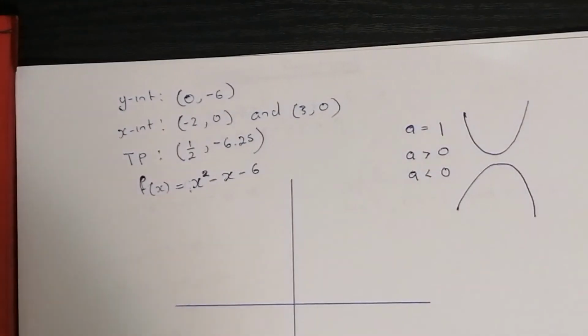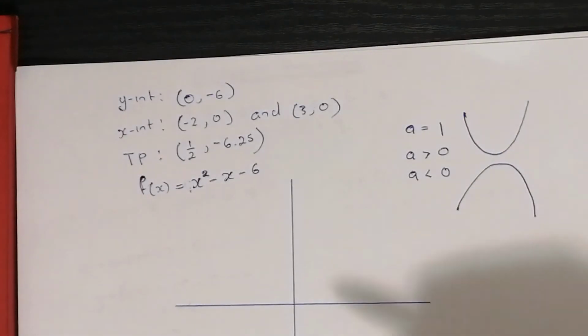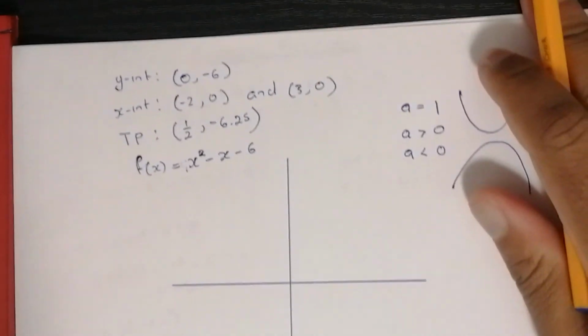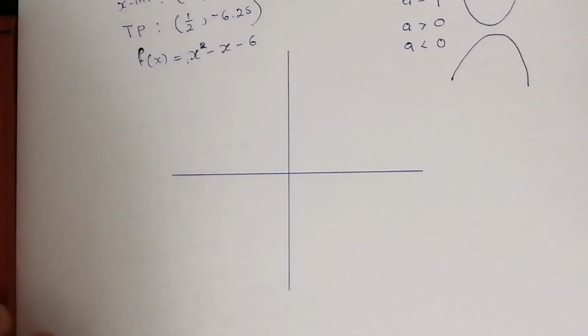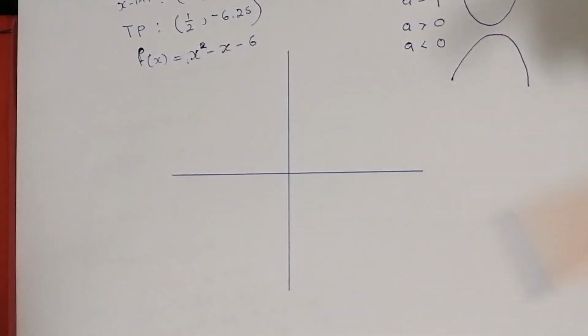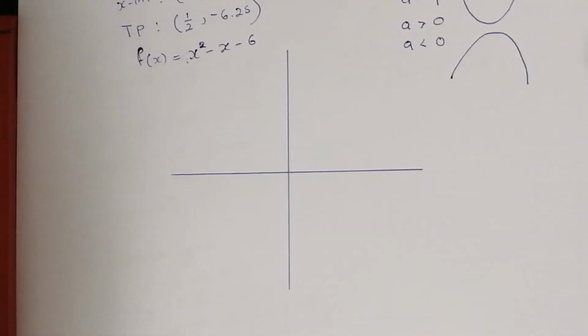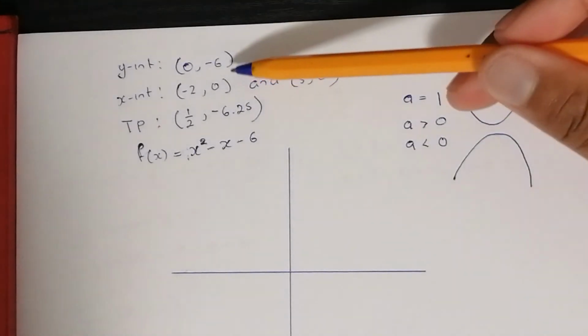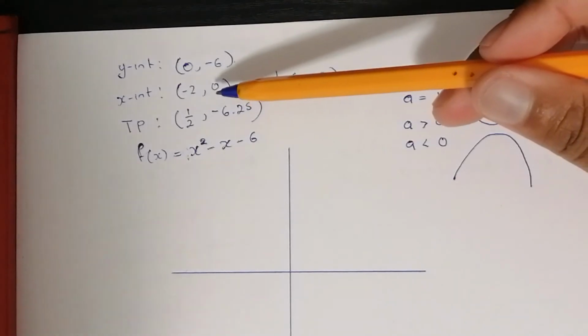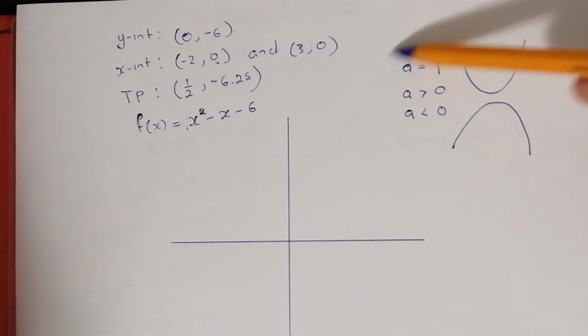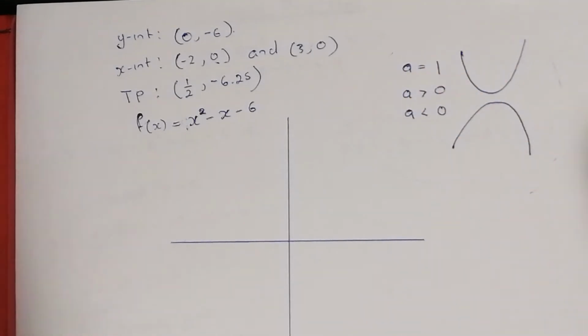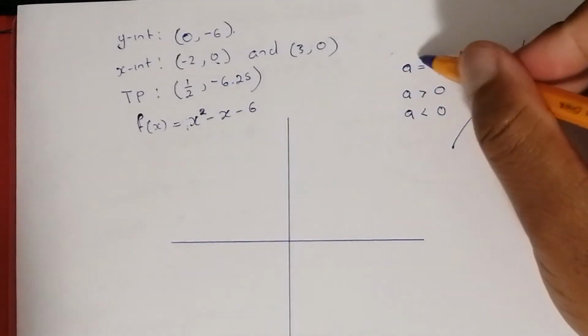So in our case, we have a greater than 0, and like I said, your sketch might be more accurate than mine, but the idea was to just show you how to get these points firstly, like the y-intercept, x-intercepts, and the turning point. And then the important thing also is the shape of this function.